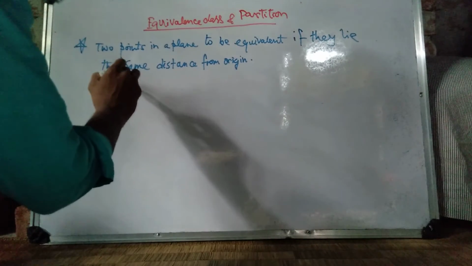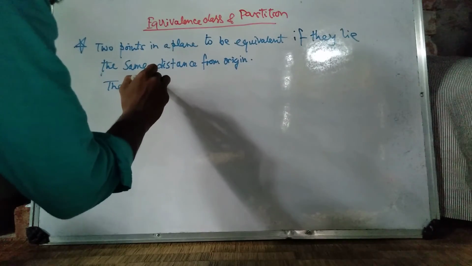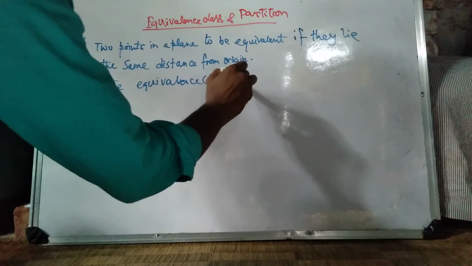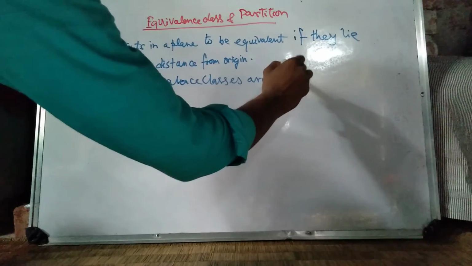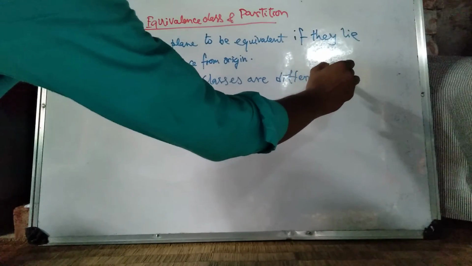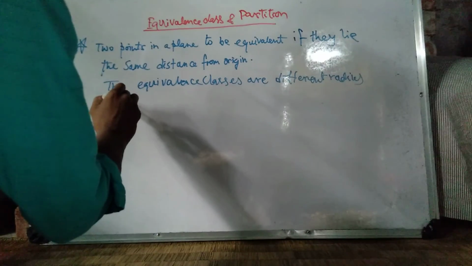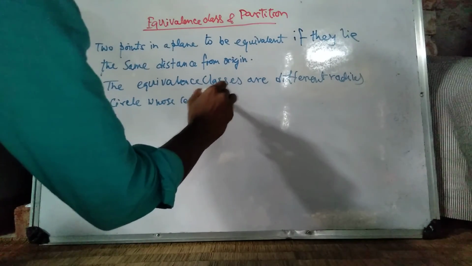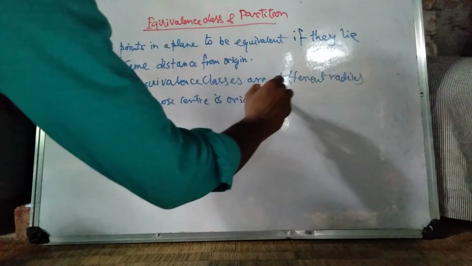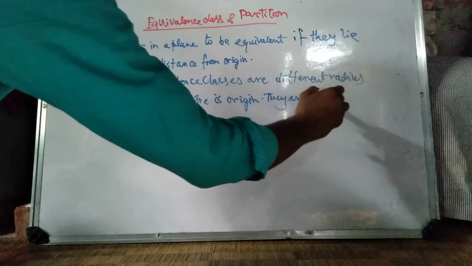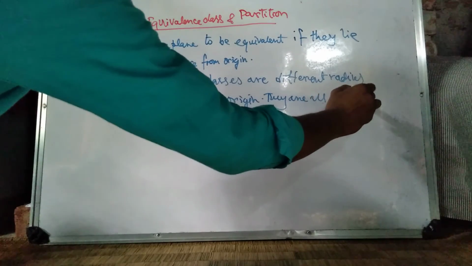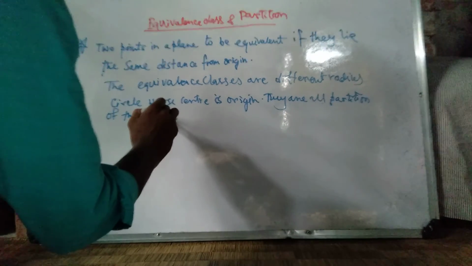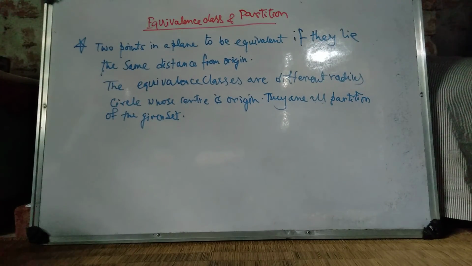Then the equivalence classes are circles of different radii whose center is the origin, and they are all partitions of the given set. So today we stop here.